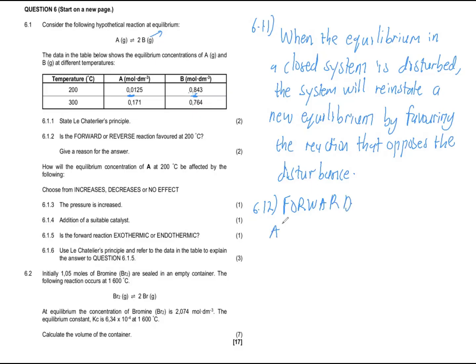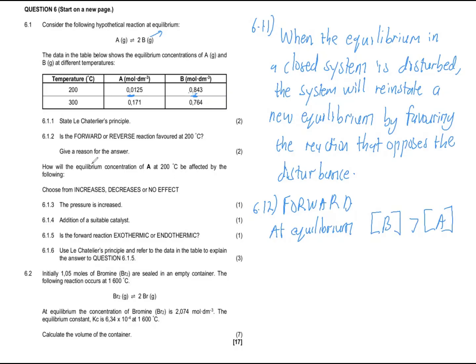And what's the reason for that? We're going to say at equilibrium, the concentration of B is greater than the concentration of A, right? So that's it. And then how will the equilibrium concentration of A at 200 degrees Celsius be affected by the following? Choose from increase, decrease, or no effect.